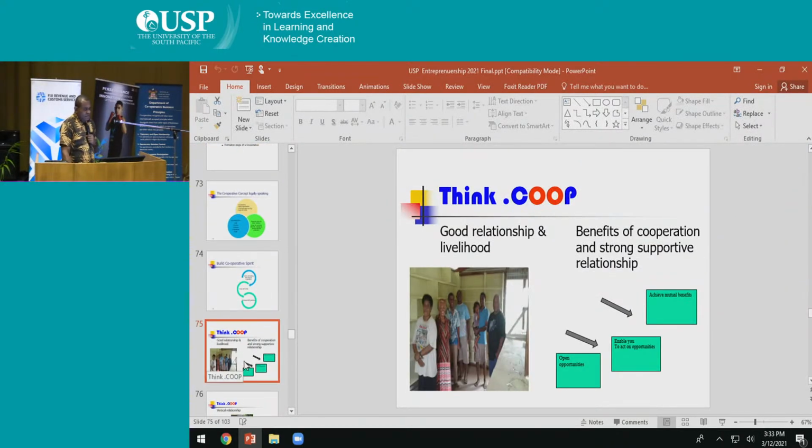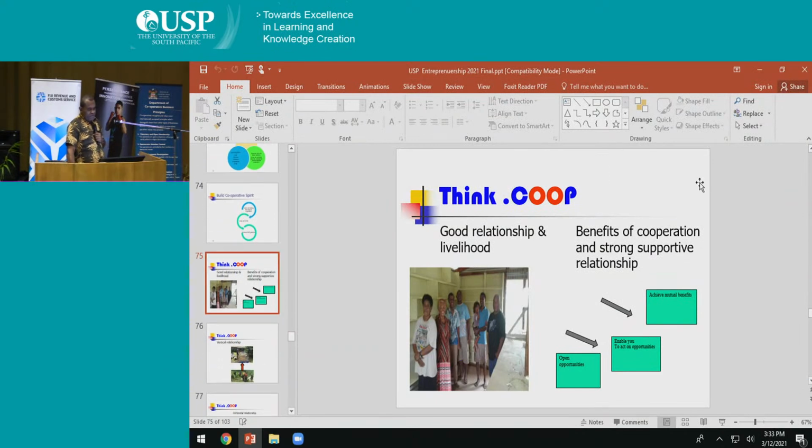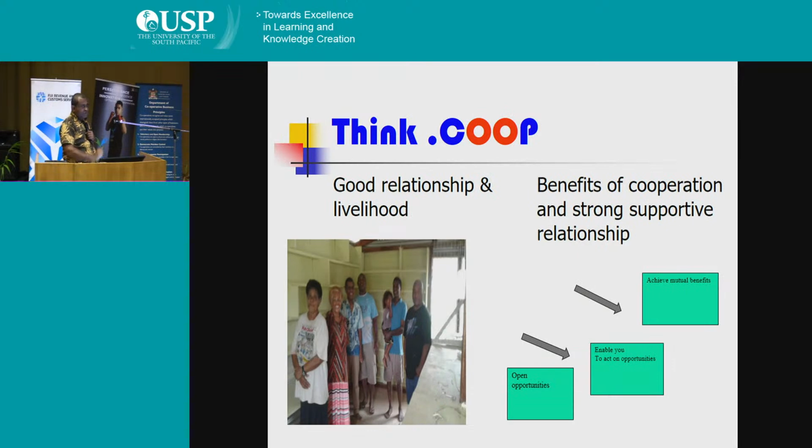Once you think cooperative, in cooperative thinking, think of good relationship, and to be supportive in your relationship. Once you have that bond, then the other elements will fall into place.